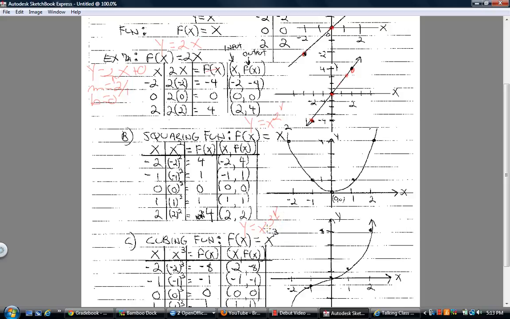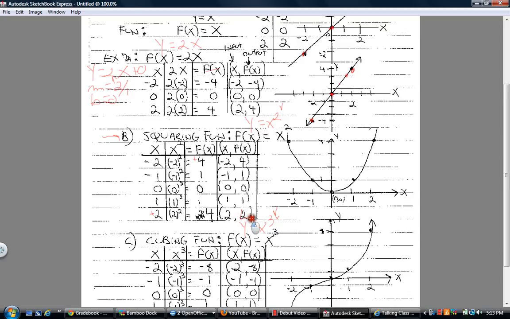These are called the parents because these are the basic ones that start off the rest of the graphs associated with them. So the squaring function refers to the exponent being a 2. When you have x equals -2, you square it, and the output is a +4. Look what happens if you put a +2 in. Any number squared always results in a positive answer. So look at the -2, 4 and 2, 4.